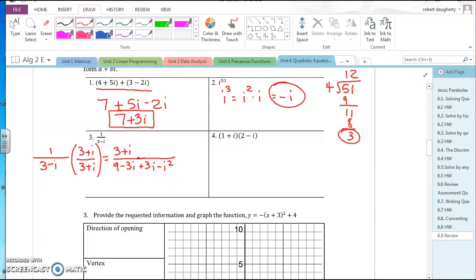So to simplify this further, you're going to have 3 plus i. And then what happens is these i terms go away. And on the bottom, you get 9 minus negative 1. So 9 minus negative 1. So this is 3 plus i over 10, or 3/10 plus, you can write it as 1/10 i, or i over 10.